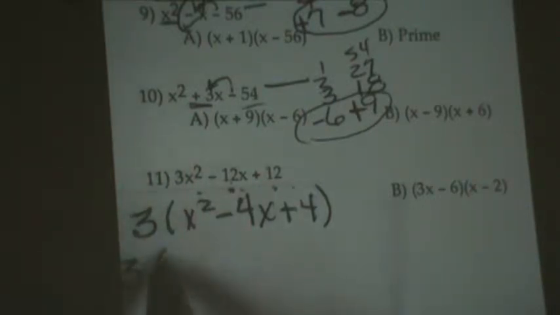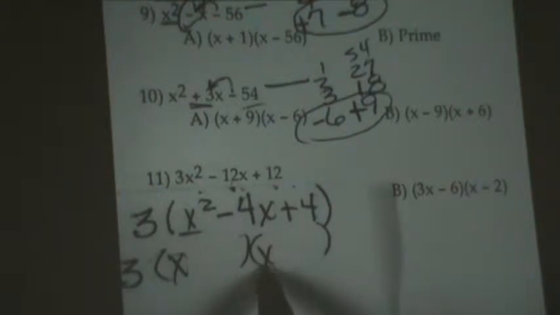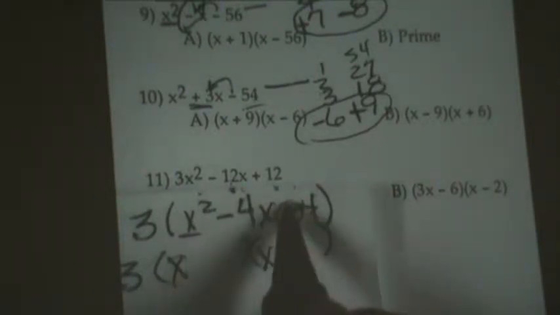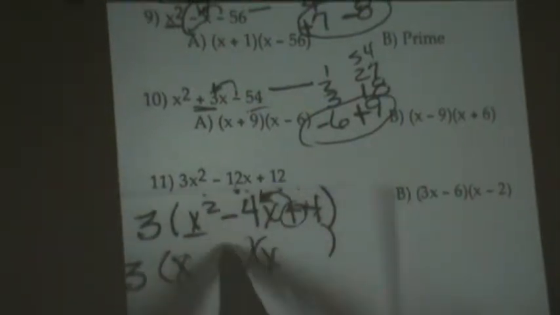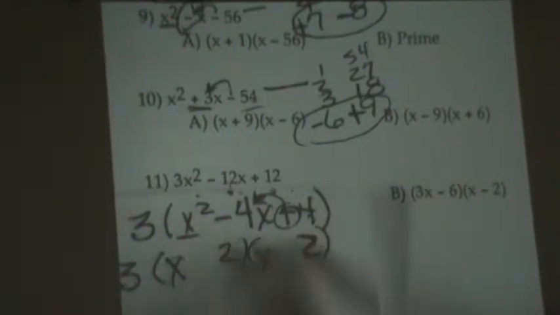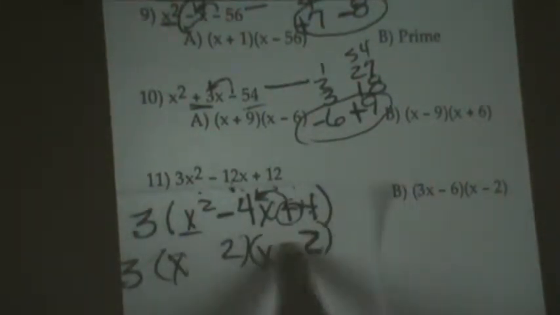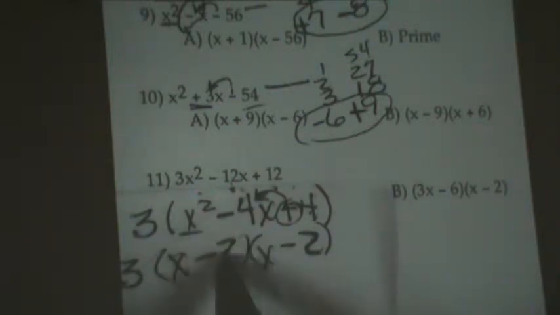So you have the 3 out here. You're factoring this. X squared is x times x. 4 is 1 times 2 or 2 times, 1 times 4 or 2 times 2? Which ones add to give you 4? 2 times 2. You need a negative 4. That means you need both of these negative. Negative 2, negative 4.